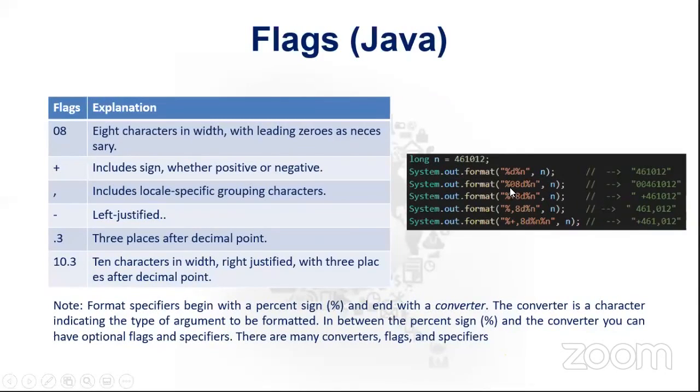Whereas if you have the 08 flag in front, then the width is 8 characters, 8 digits altogether, with a leading 0 in front. If you use percent plus, then it will provide a plus for a positive number, and if it is a negative number, it will give you minus.